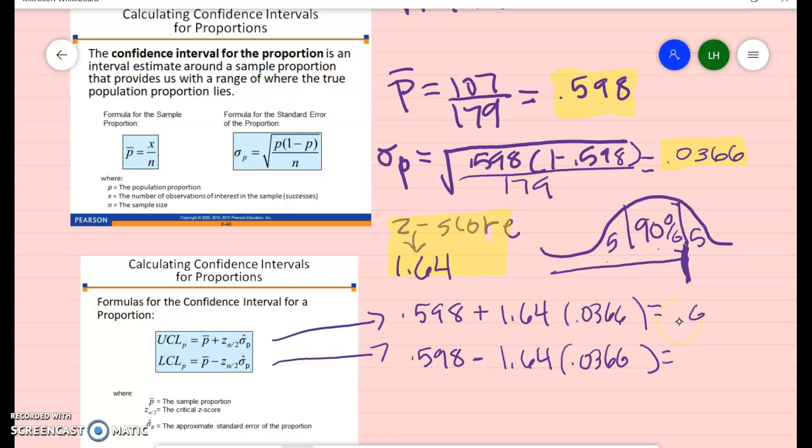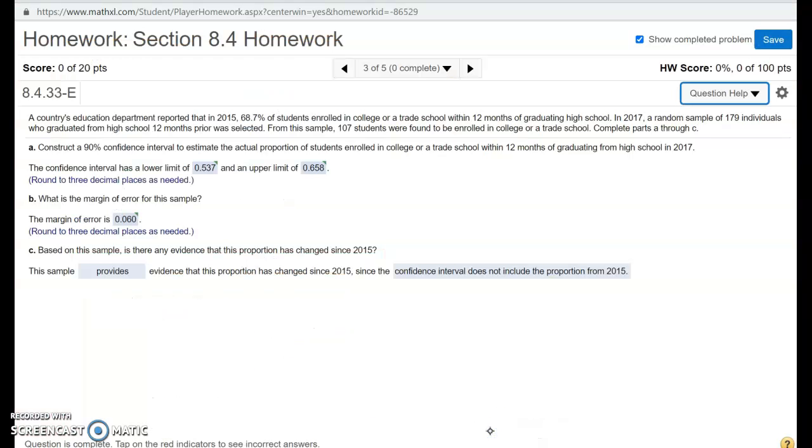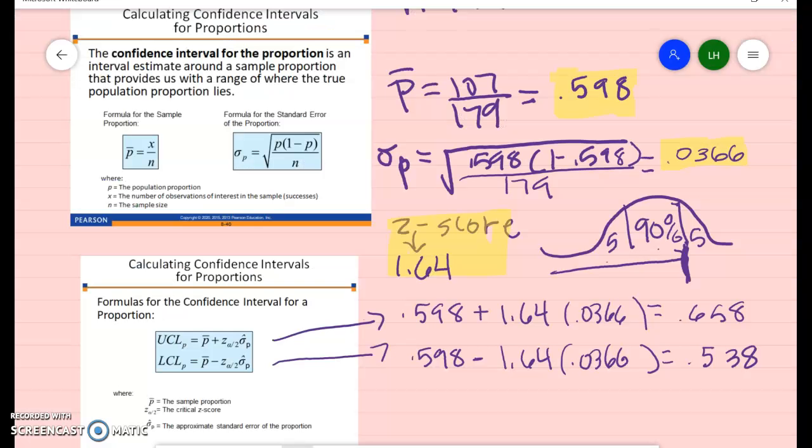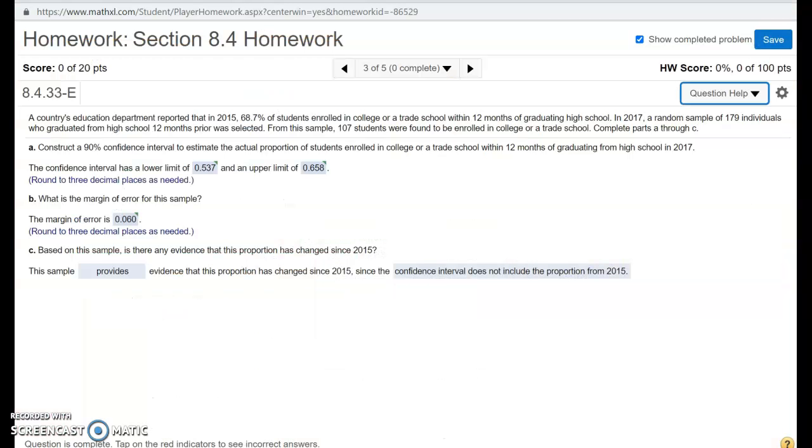So you will get 0.658, and for the bottom, you're going to get 0.538. Okay, so those are your confidence interval, and it does have an answer tolerance, so 0.538 is acceptable.